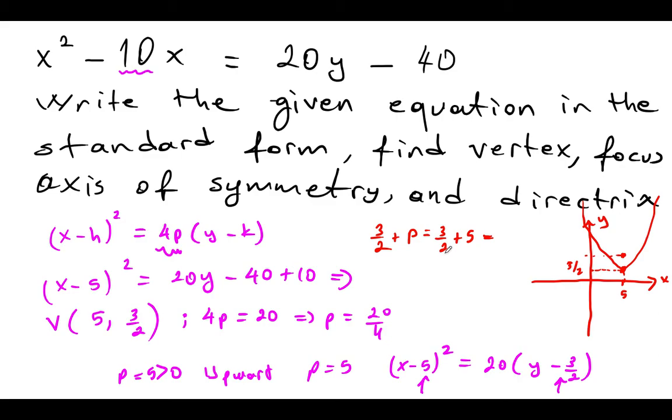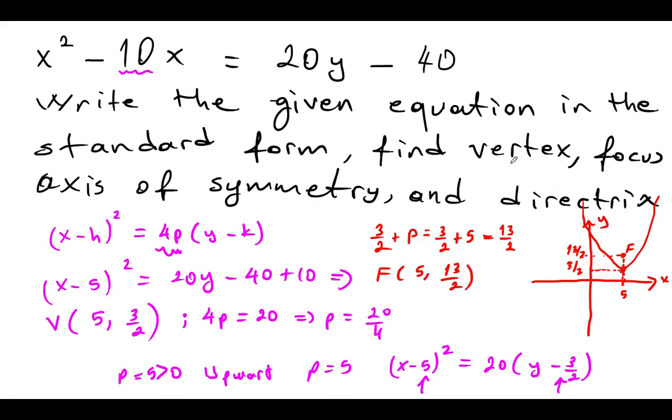So 5 times 2, 10 plus 3, 13 over 2, so 6.5 approximately. When the y value of the focus is 13 over 2, it's clear that its x component is 5. So the focus point is (5, 13 over 2).